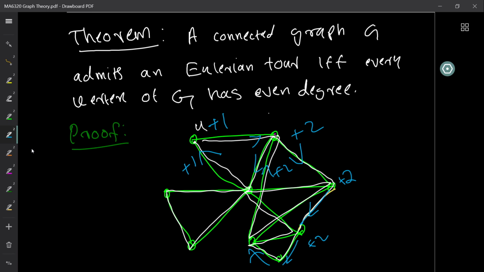Now, the claim is that if a connected graph is even, meaning every vertex has even degree, then it is also Eulerian.